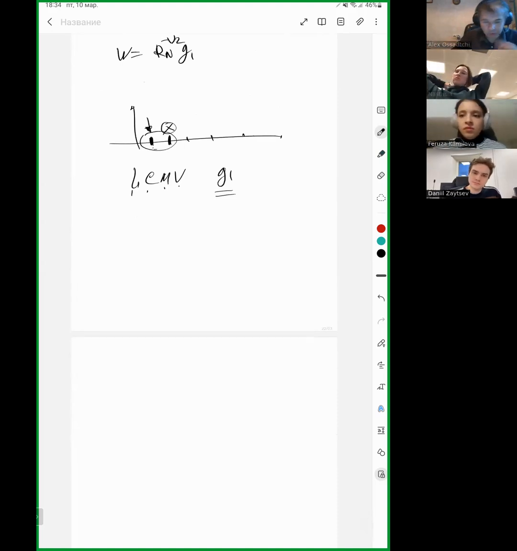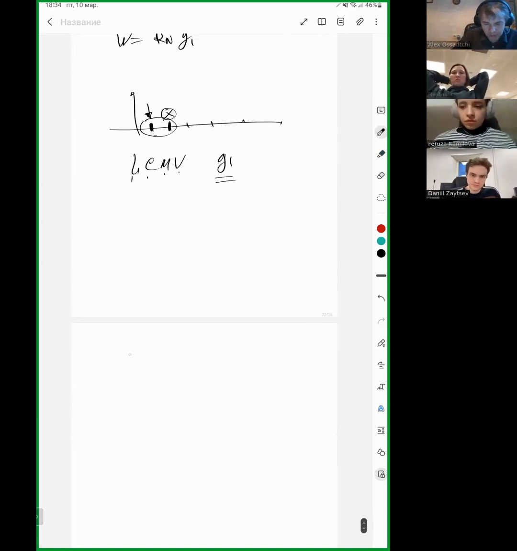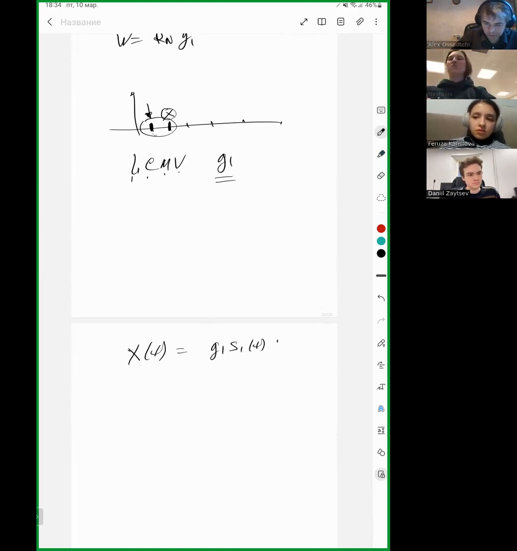Well, very simply, the same way. You say that the x of t you observe is some G s1 of t plus some noise, and maybe some other sources, but anyway the covariance is the same, for the entire data. And then you say that you want a so-called vector beamformer.